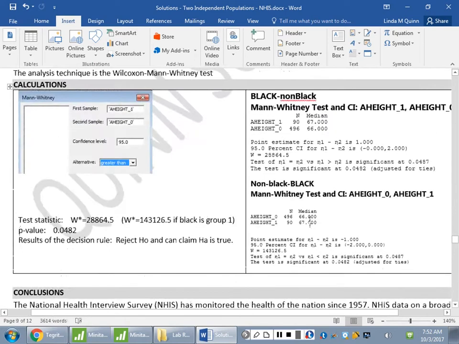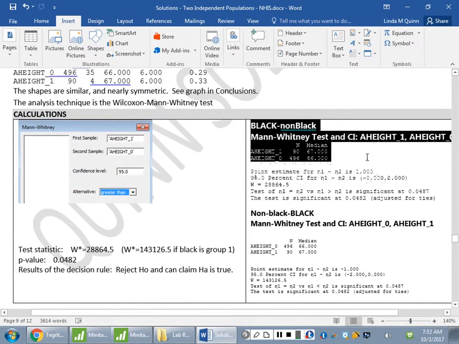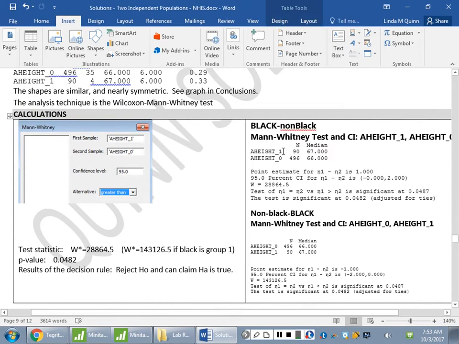So here's our results. I was just showing you the difference between the two groups here. If you flip the groups, these are flipped. These are non-black, black. So these are the statistics I'm looking for.